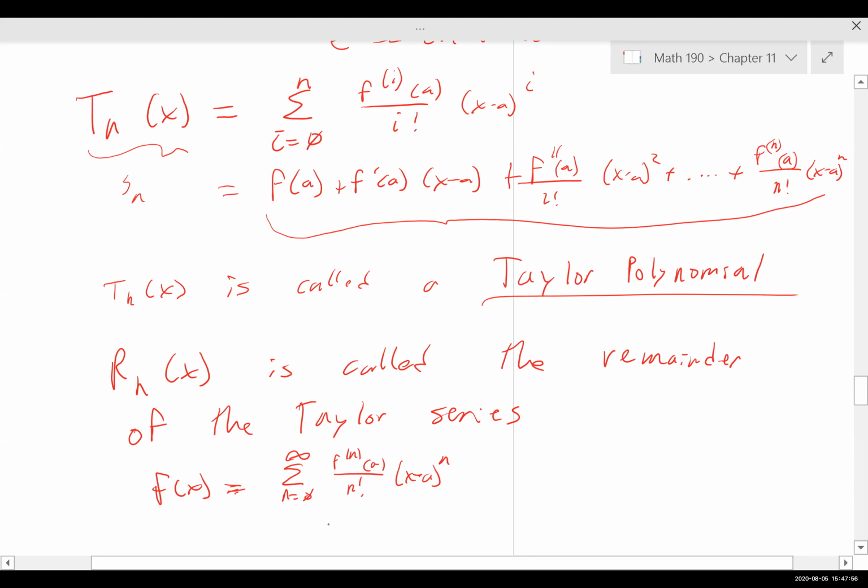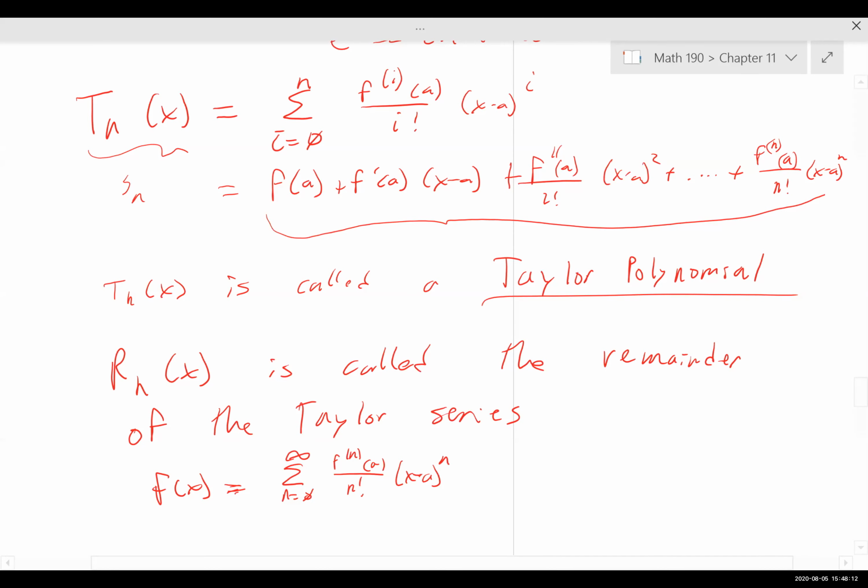So f of x is the whole Taylor series. Think of it as the limit, the sum as we go to infinity. It's the whole function.